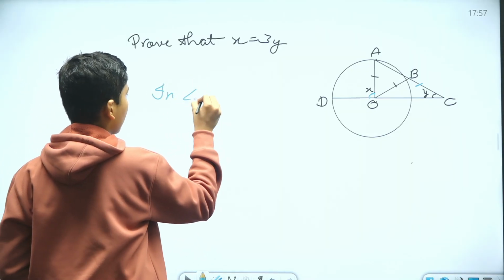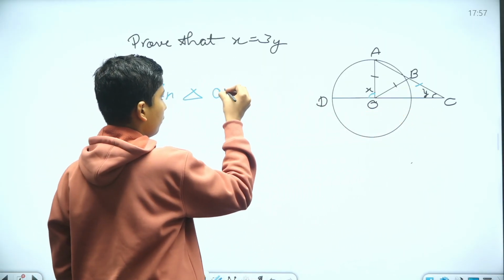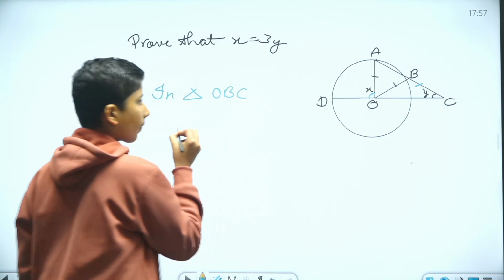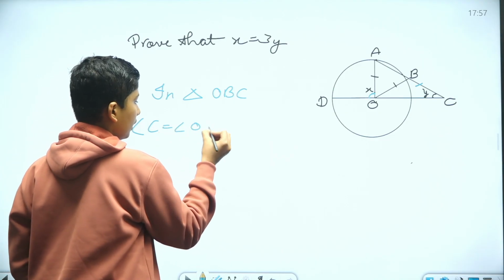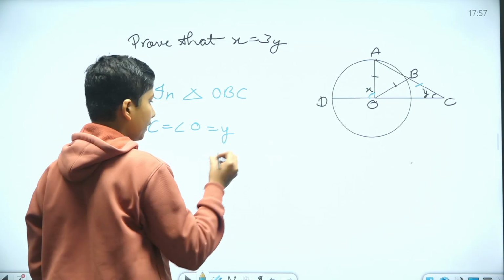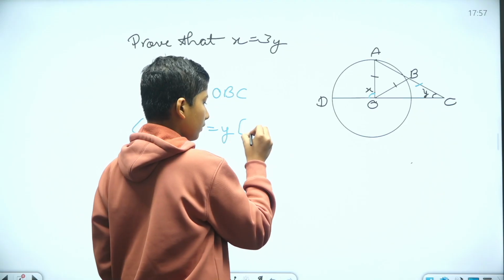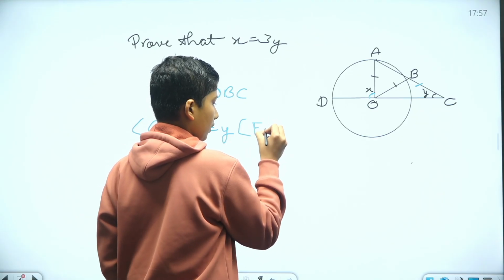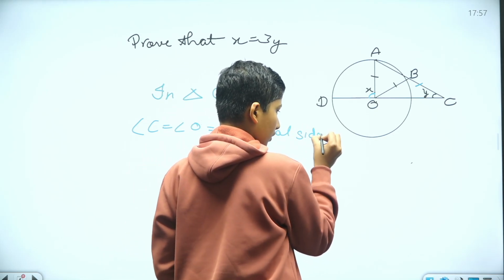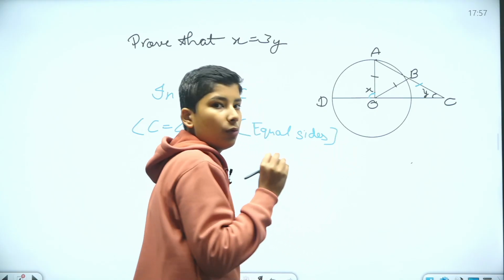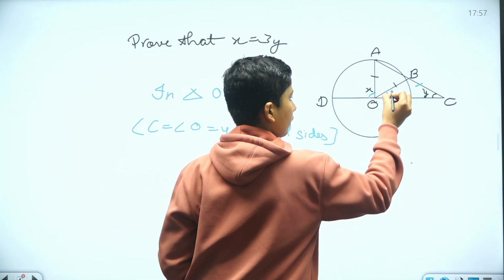In triangle OBC, angle C equal to angle O equal to y. How y? Here you will write equal sides have equal angle opposite to them. Okay. Now we will write over here y.